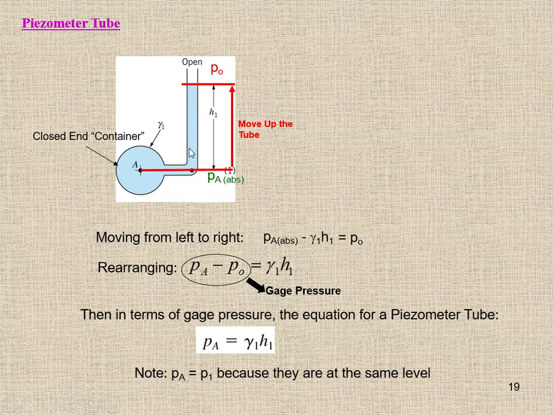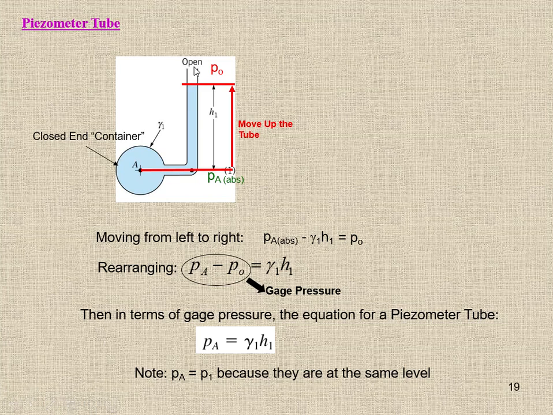So let's see how we measure the pressure by using a piezometer. Consider a closed container. We make a hole here and connect the tube with the container. Now, how do we measure? This is open at one end.